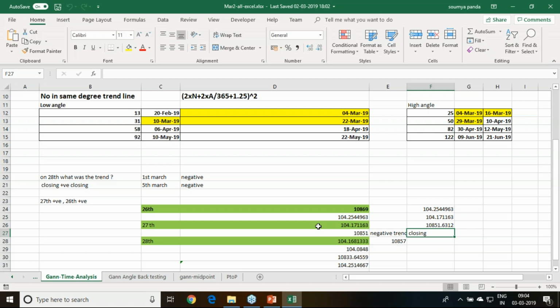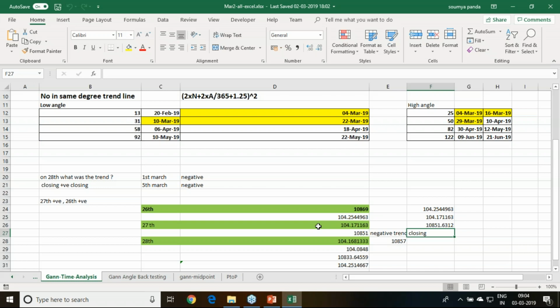For Nifty, there was a trend reversal date on 26th and 4th, and 4th was a holiday, so we expected the trend reversal to take place on 1st March or on the 5th March. When we looked into the 28th closing, we found that it was a positive closing, and we expected 1st March to be negative.